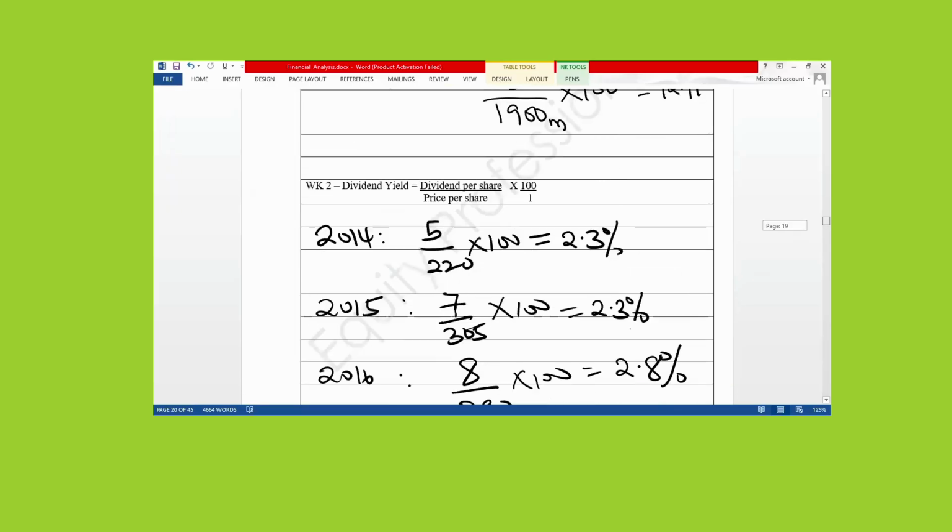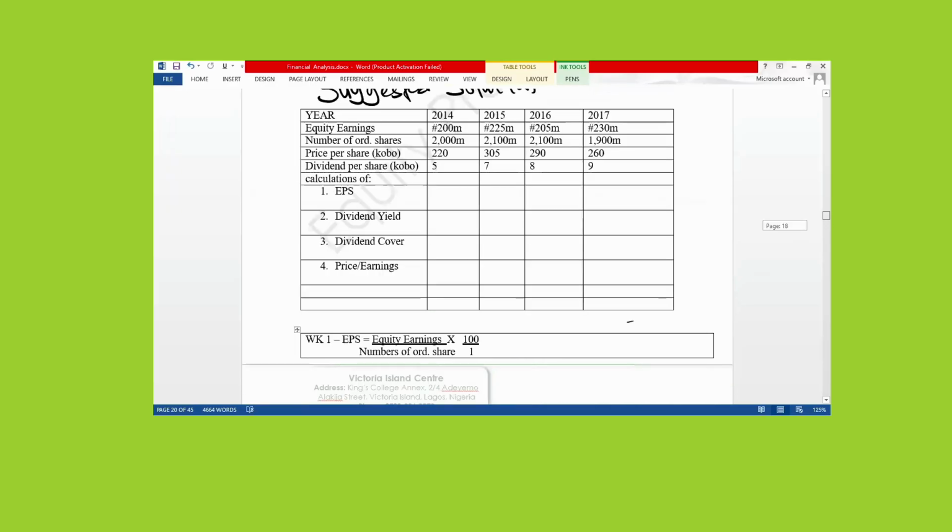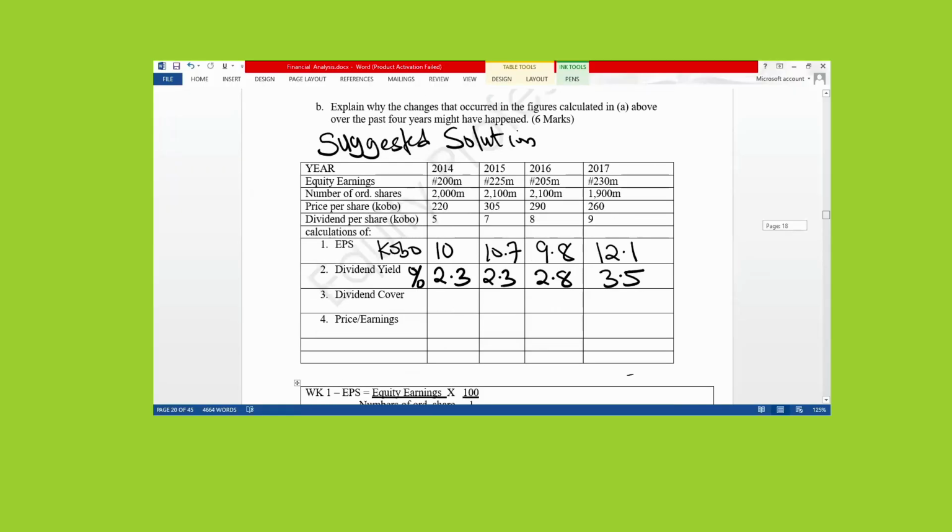You have calculated your dividend cover: 2 times, 1.5 times, 1.2 times, 1.3 times.